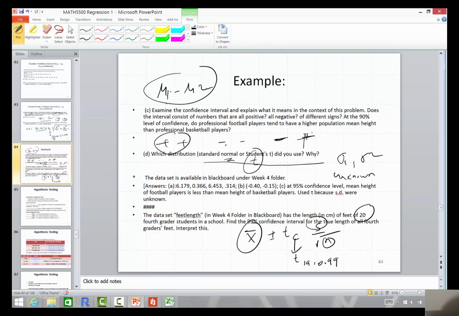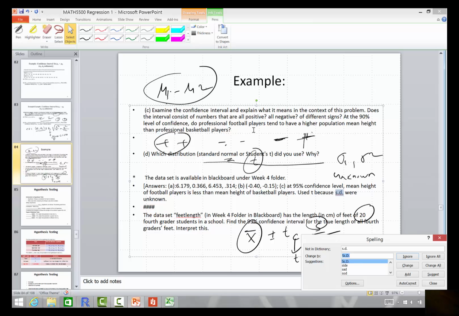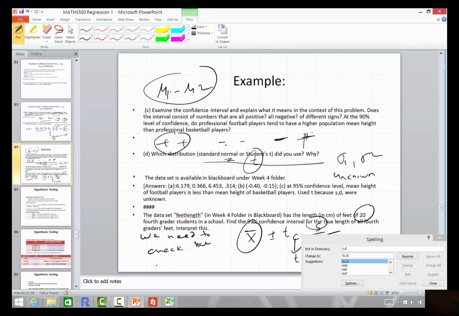So for this problem, we have to check the normality of the data, and we need to see if the data has any outliers. That is what we need to check.